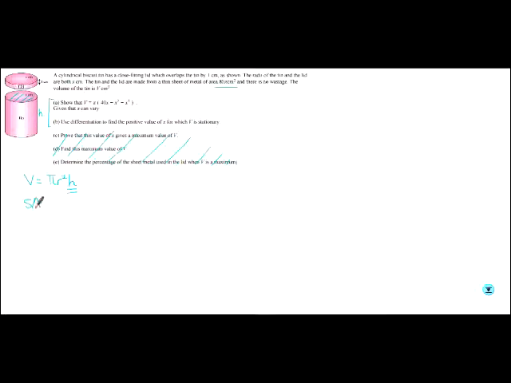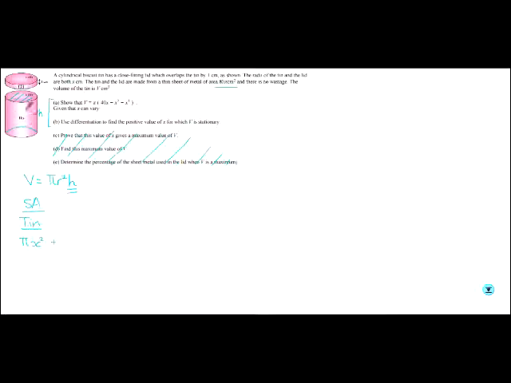So surface area. We've got two things, so we'll go with the tin first. The tin is made up of this circle here on the bottom, so it's going to be pi r squared. But we know what r is, that's x, so pi x squared. Plus this curved surface area. If you're unsure, get a piece of paper and roll it to make a cylinder.